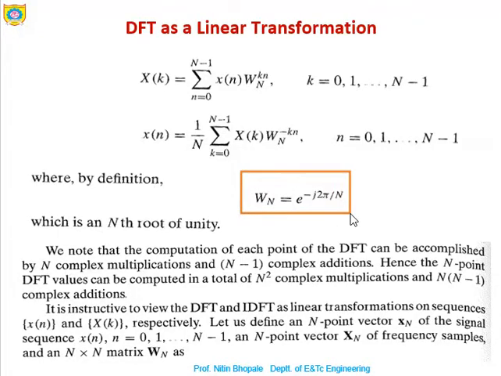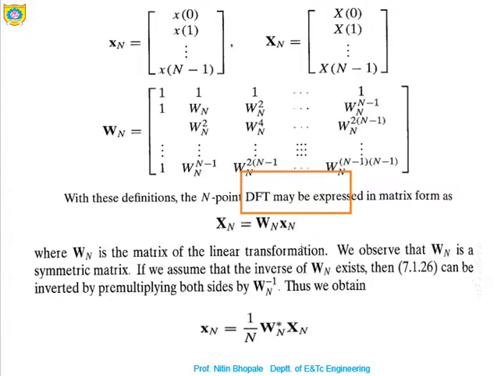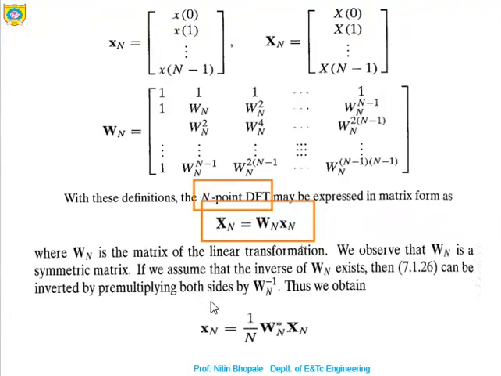It will be reduced to this particular format. So X of k is equal to the Wn matrix into x of n. This multiplication results in the n point DFT calculation in terms of the Twiddle factor.